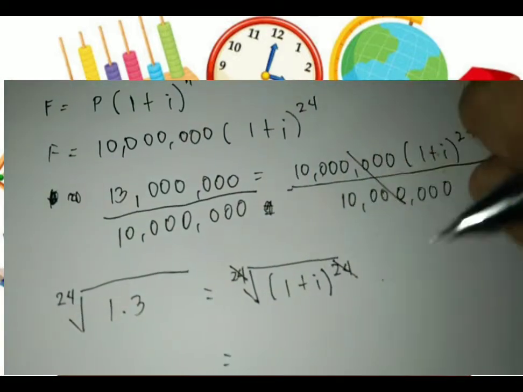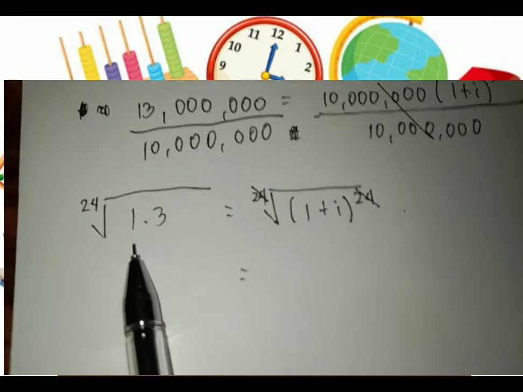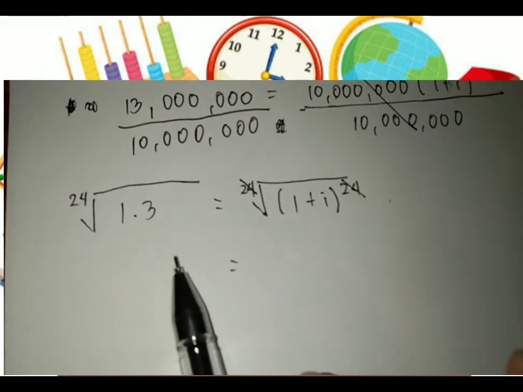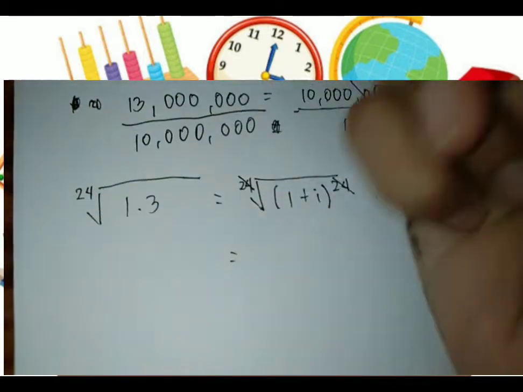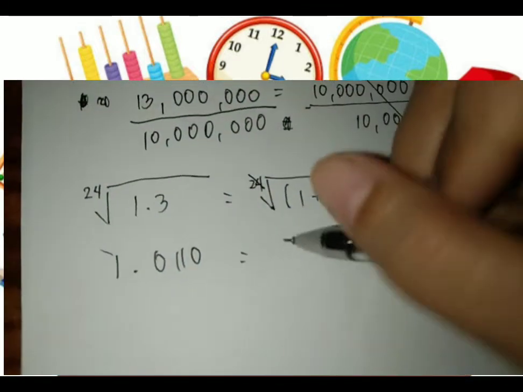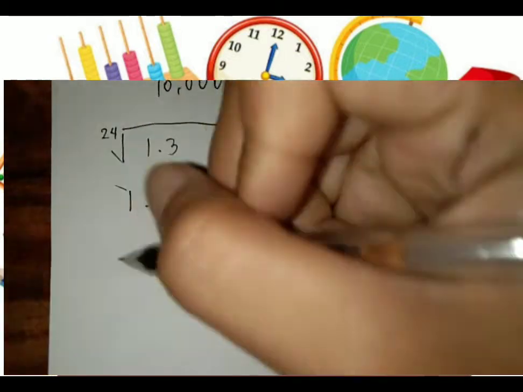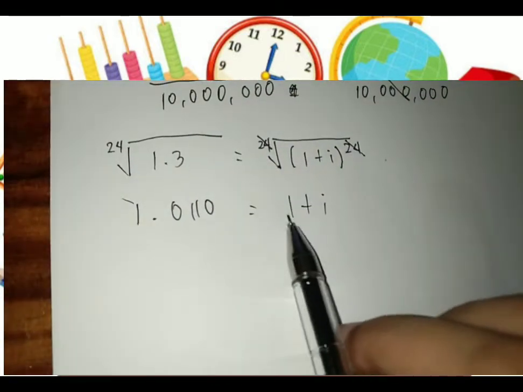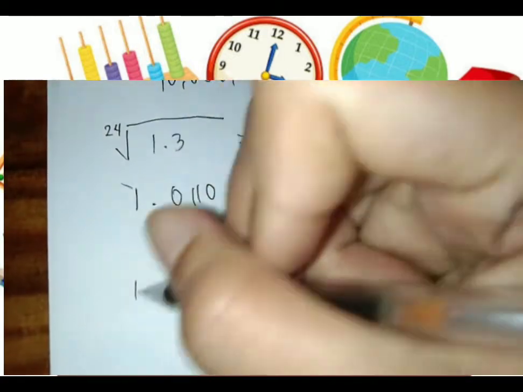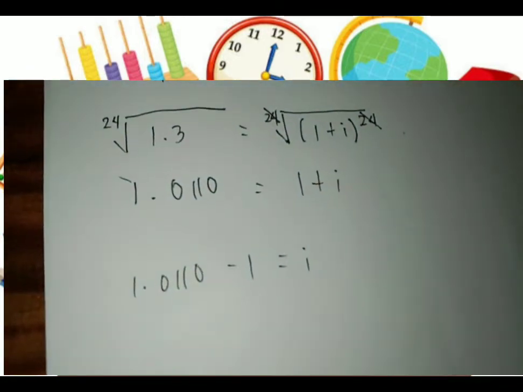So we are going to cancel it out, and the answer for the 24th root is 1.0110, which equals 1 plus i. Now we are going to transfer the 1 to the left side. So 1.0110 minus 1 is equal to i.